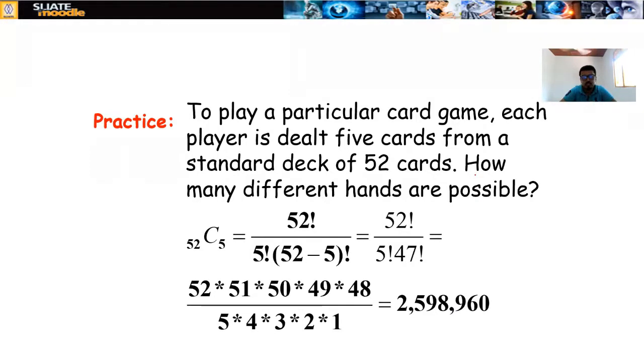So this should be the answer. That many hands are possible. That is why playing cards is not easy.